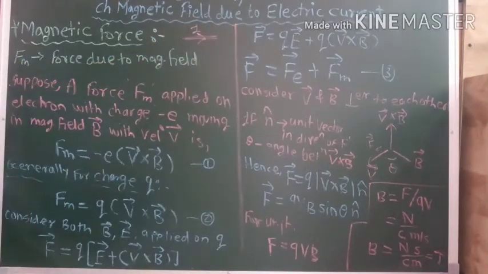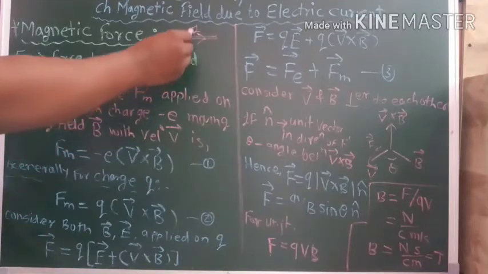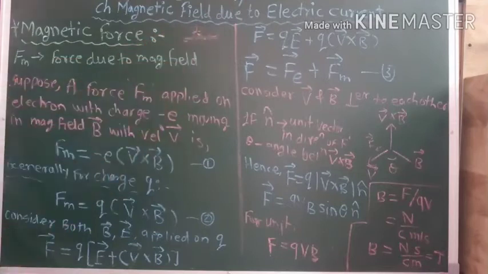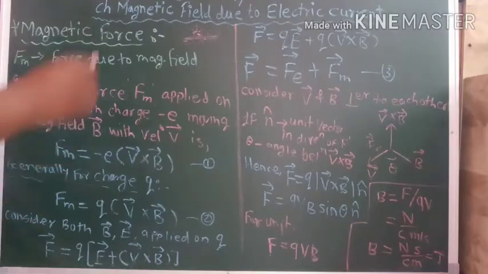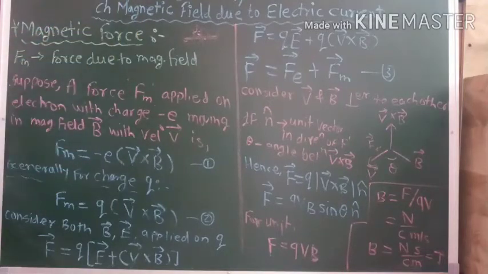Then due to this electric current, the magnetic field is produced around that conductor. That is the phenomenon of the magnetic field produced due to the electric current.